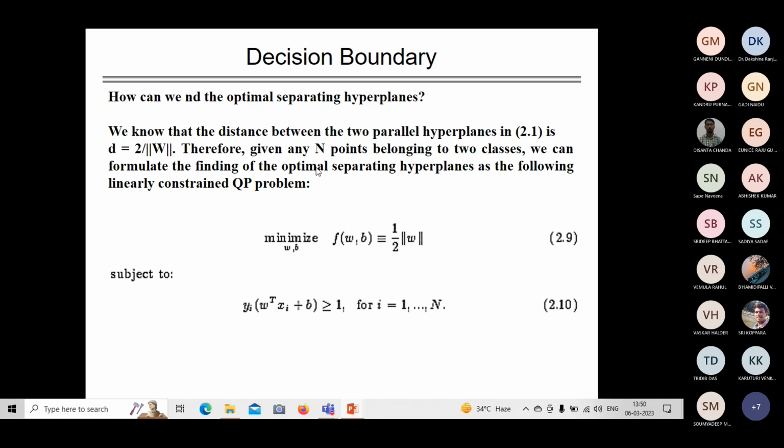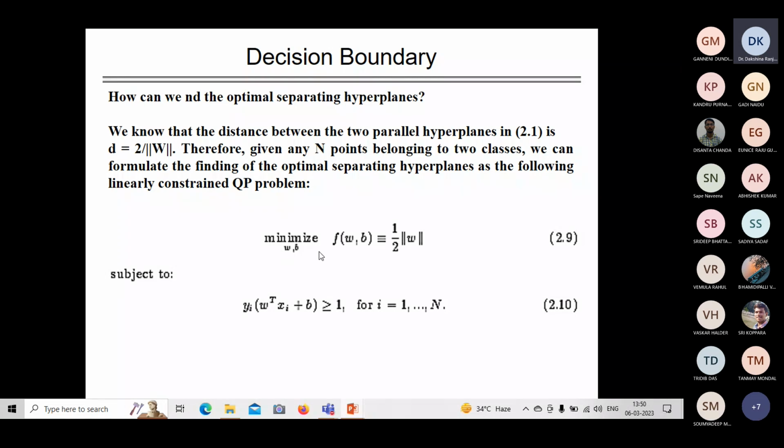So given the endpoints belonging to two classes, we can formulate the finding of the optimal separating hyperplane as a linear constrained QP problem, a constrained optimization problem.